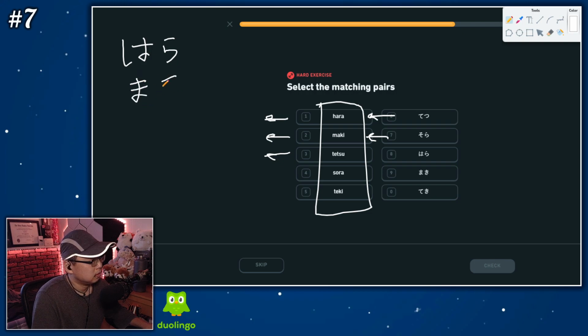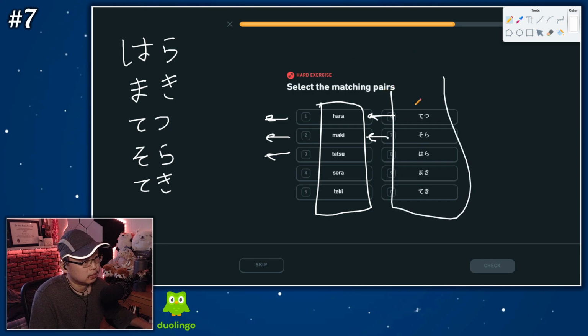Maki, tetsu, sora, teki. All right. And then now we're gonna go this side, right, to this side. This is the process that I generally use most of the time. All right.